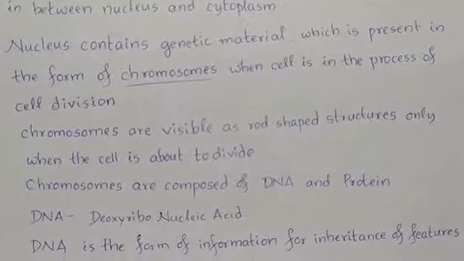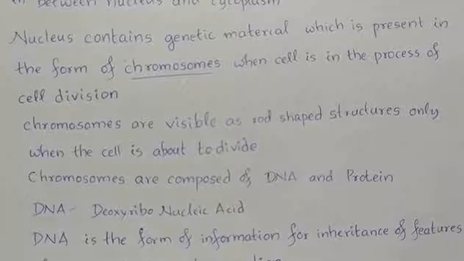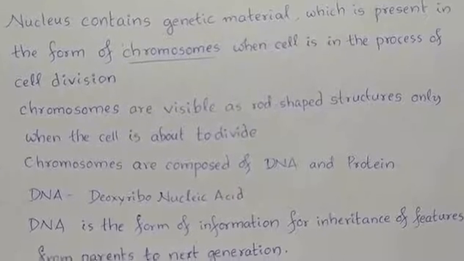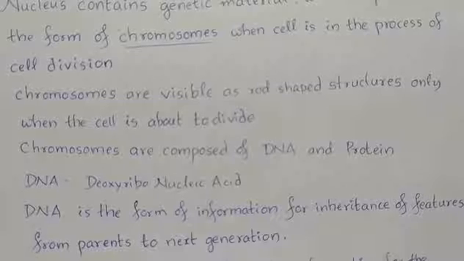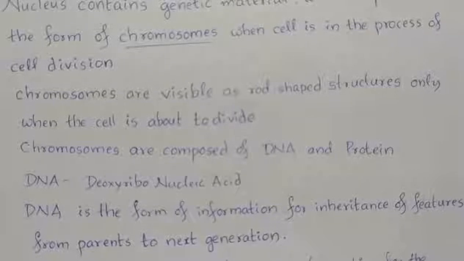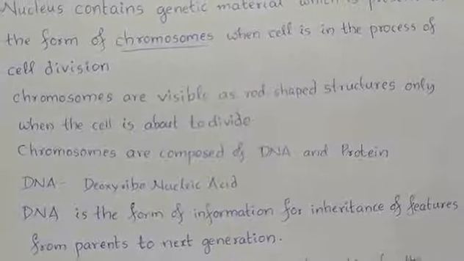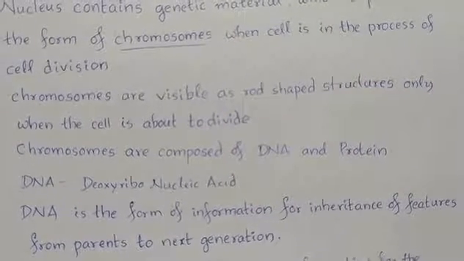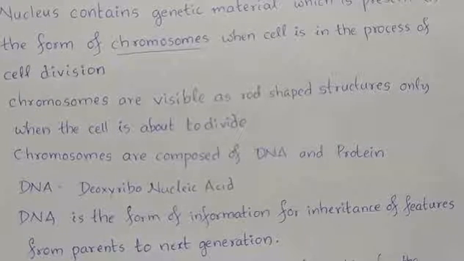DNA is the form of information for inheritance of features from parents to the next generation. Where is this DNA present? In chromosomes, and the chromosomes are present in the nucleus. So the nucleus contains what?